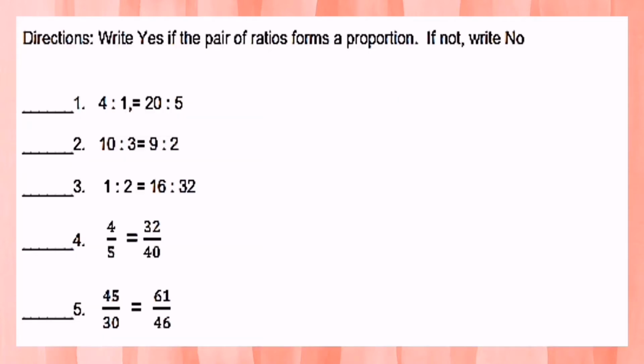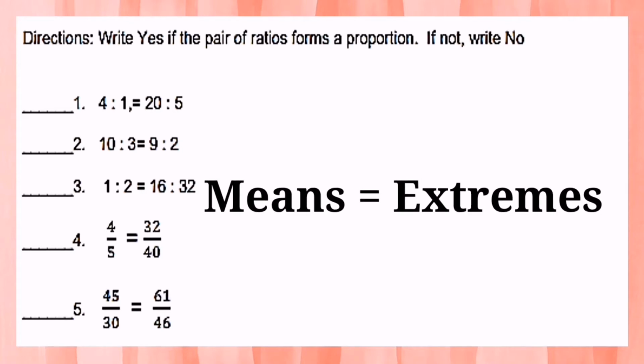So before we move to the discussion or explanation, write yes if the pair of ratios forms a proportion. If not, write no. So paano ba natin malalaman kung yung pares ng ratio ay isang proportion? If yung means and extremes nila ay nag-equal.